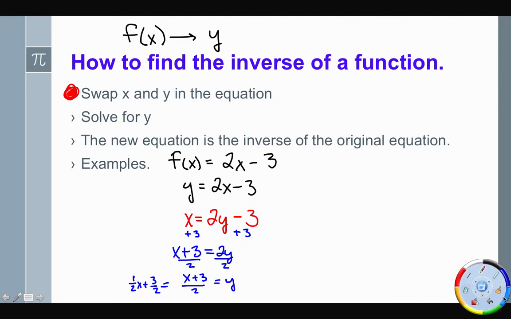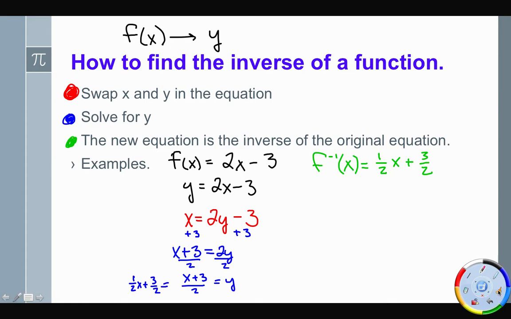And that's the solving for y. And in green here, that new equation is your inverse. So given f of x is equal to 2x minus 3, f inverse of x is equal to this new linear function, 1/2 x plus 3/2. So these are inverses of one another.